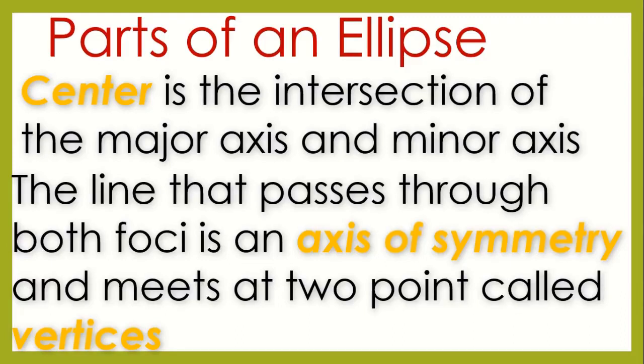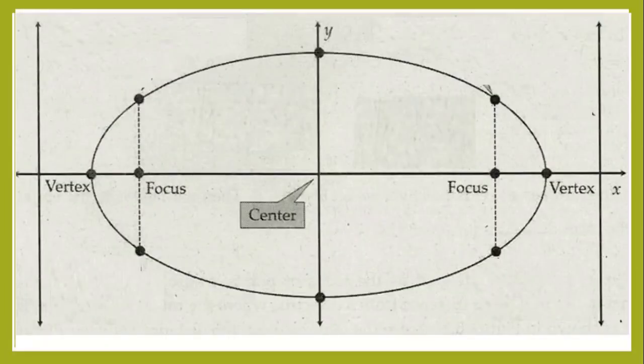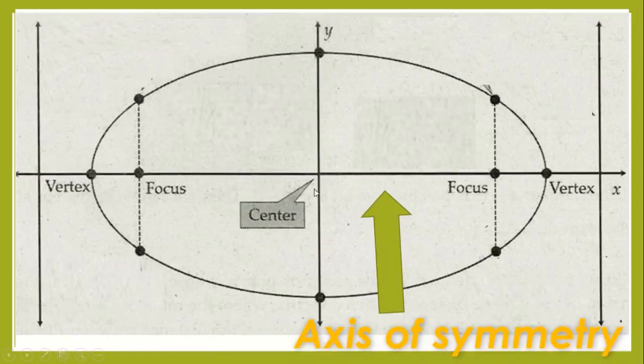Axis of symmetry, the line that passes through both foci is an axis of symmetry and meets at two points called vertices. So, tatlo yung terms natin dito. Center, axis of symmetry, at saka vertices. Nasaan ba yung mga yon sa ellipse? Yung center natin, ito. Ito yung ating tinatawag na axis of symmetry.